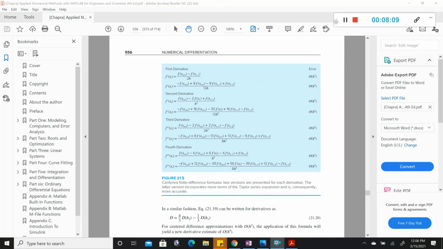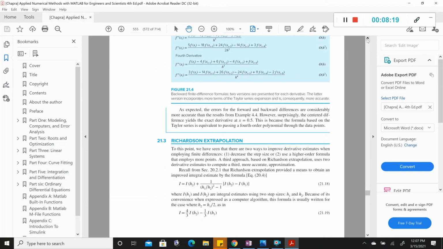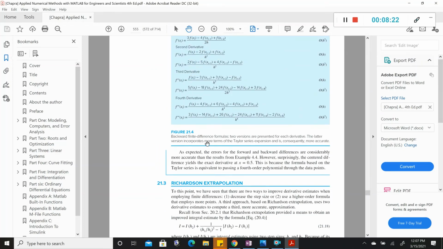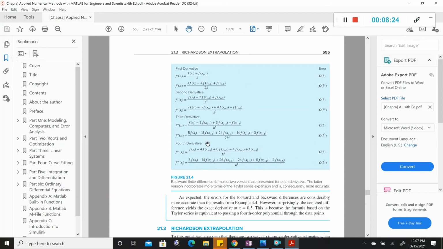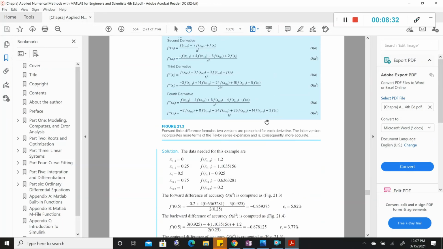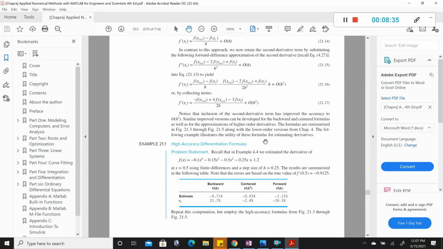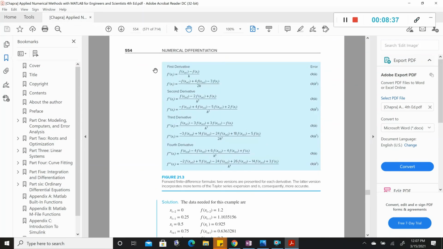All right, so what we're looking at here is our textbook, and I just want you to see that we've actually derived some of these formulas in these tables here. Let me go back up first. I'm going to go back even one more page. Okay. So here we go. The first set here is on page 554, and these are our forward finite difference formulas, and you can see that we have the same 2 first derivative formulas.